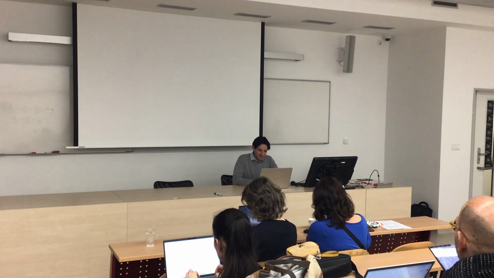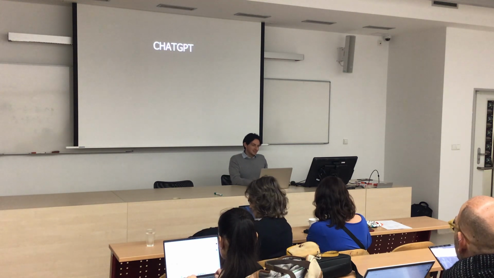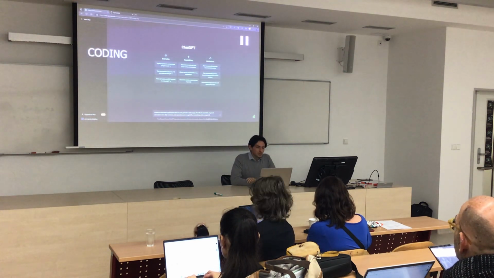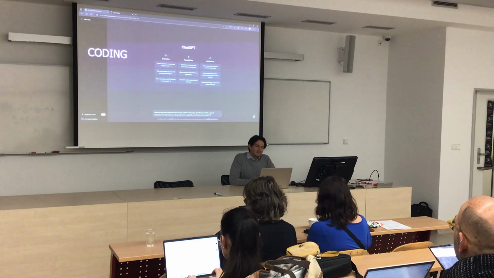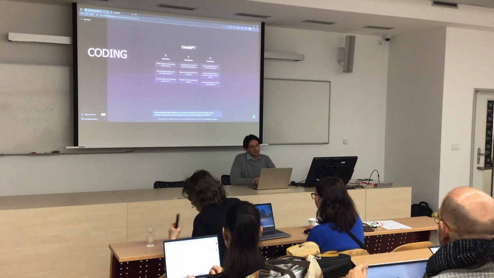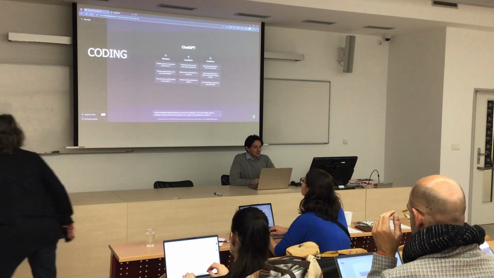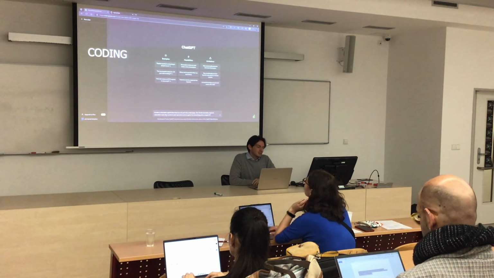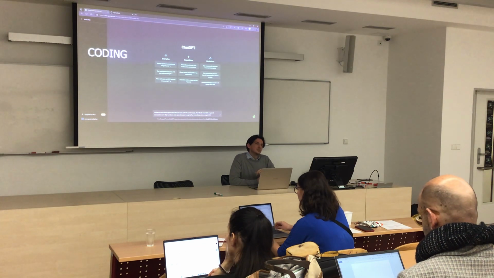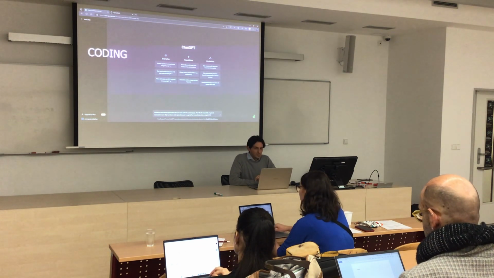So ready, steady, go. Let's start with ChatGPT. Why do we start with ChatGPT? It is because whatever you are looking for online, whatever you are going to try online, will probably be easier to do through ChatGPT instead of any other AI tool.